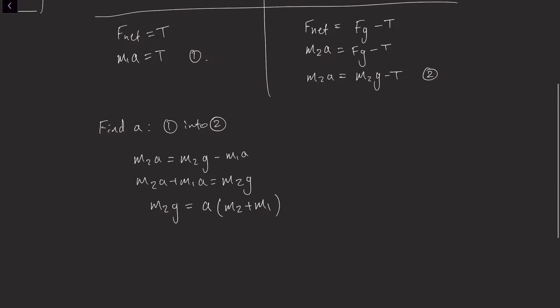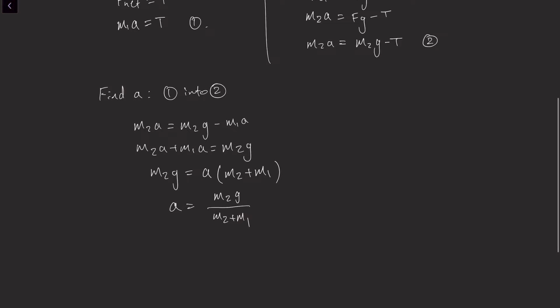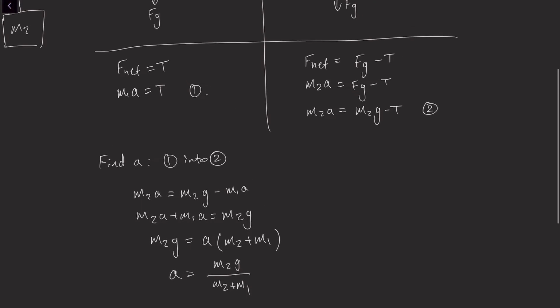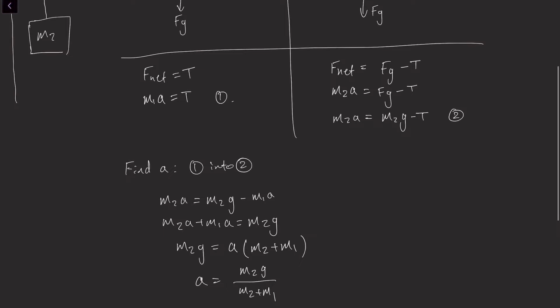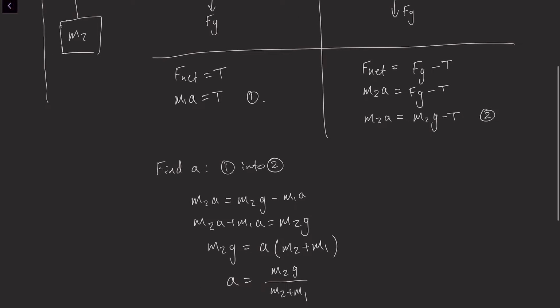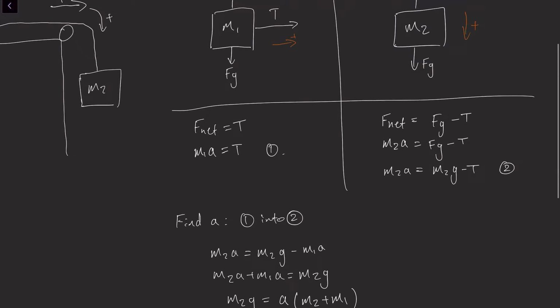Great. So now we have this. We can rearrange again to leave A by itself on one side. We have a equals m2g divided by everything in the brackets, m2 plus m1. So this is a really important result because now we see that the acceleration of this entire system is defined by whatever mass is hanging off, in this case m2.